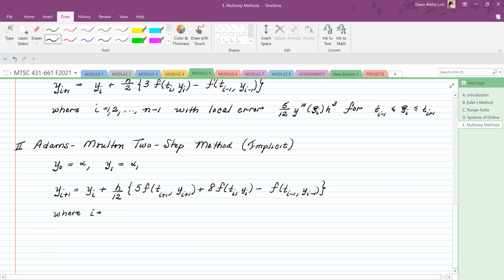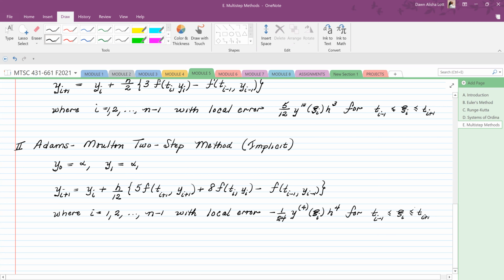I forgot 1 here. i is equal to 1, 2, all the way up to n minus 1, with the local error minus 1 over 24 times the 4th derivative of y times h to the 4th, evaluated at some c i, for t i minus 1 less than or equal to c i less than or equal to t i plus 1.